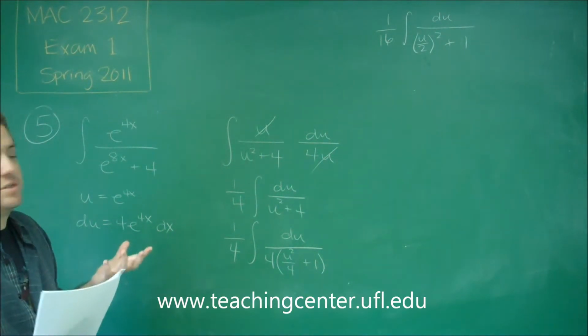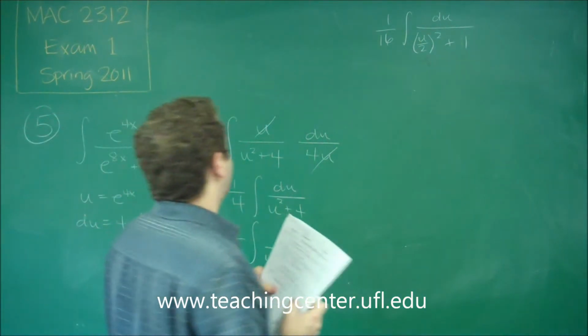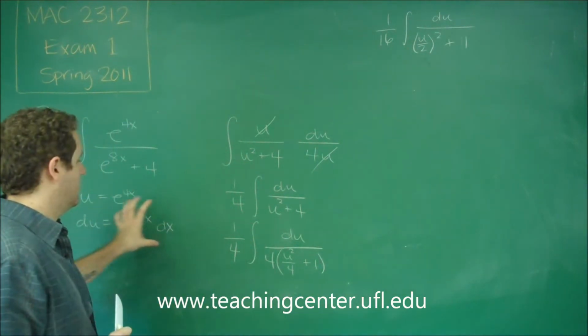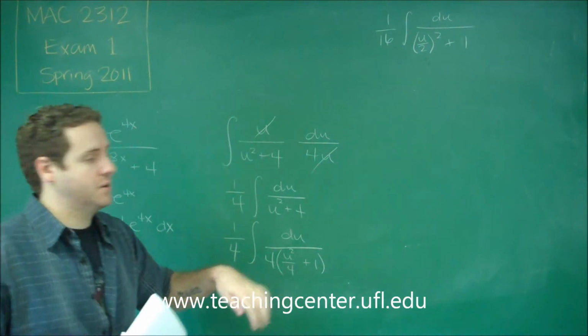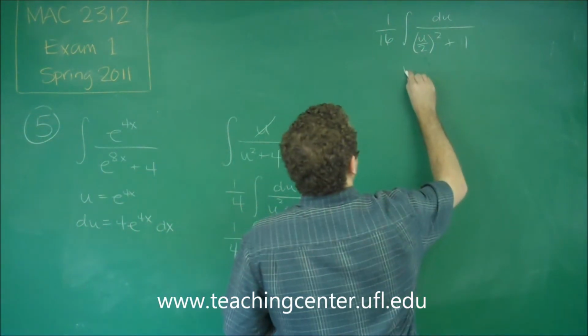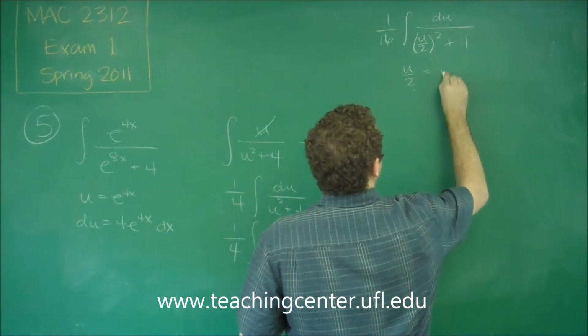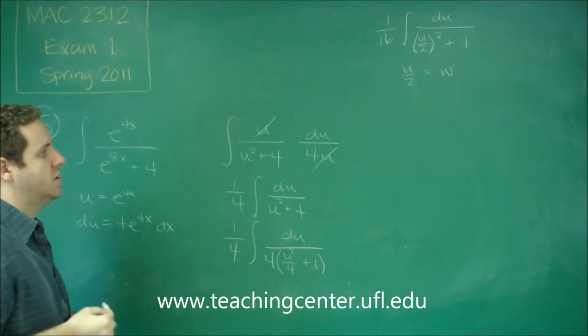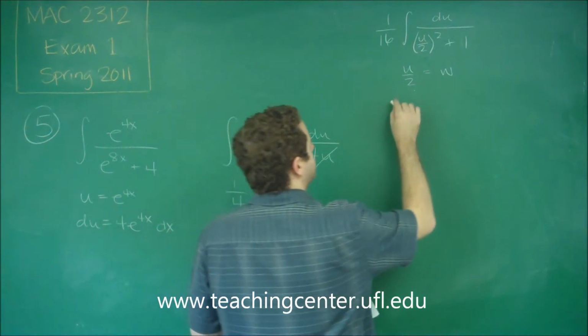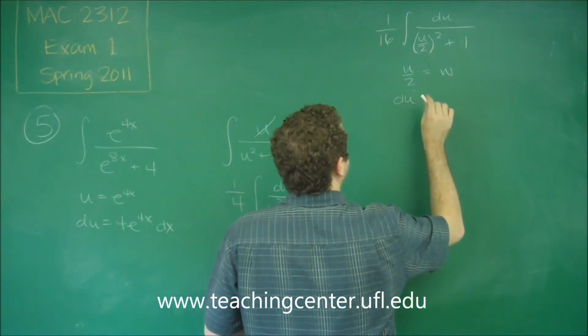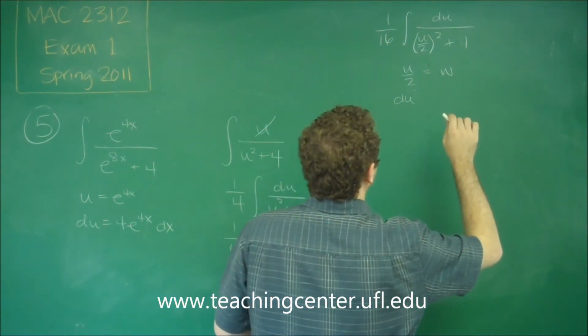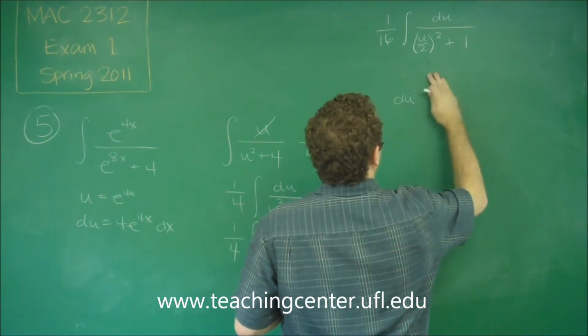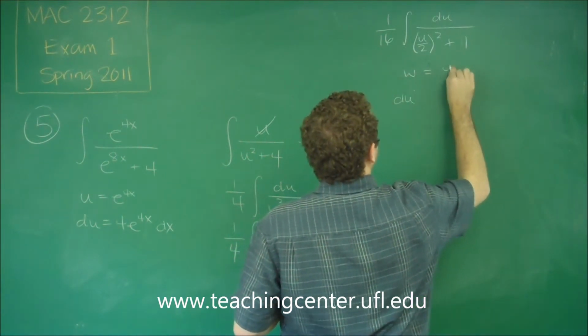I'll just do the substitution here just in case. So we already did a substitution with u, so let's use a different variable. And let's just say u over 2 is equal to w. That's going to be our substitution. You can see here that if you do the derivative, or I guess I should have written that backwards, w equals u over 2.